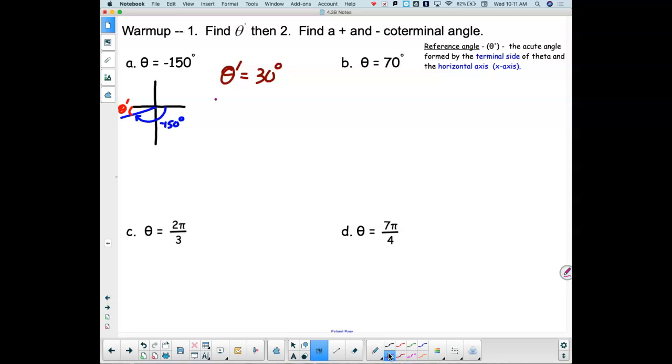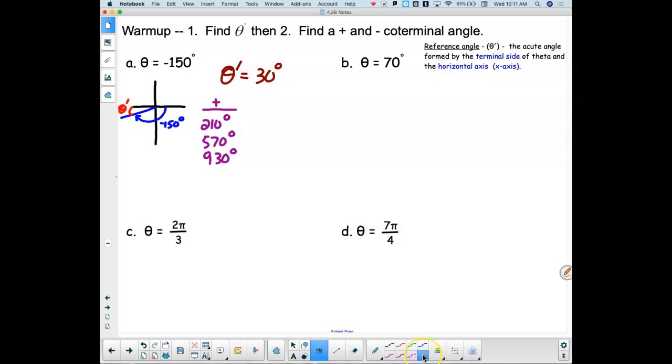A positive coterminal angle to go along with that is 210 degrees, 570 degrees, 930 degrees. Right? Yep. Okay.